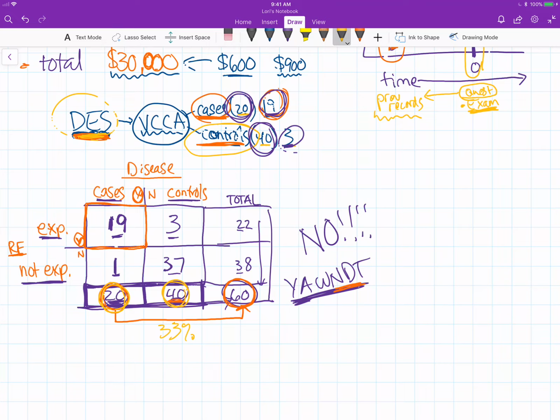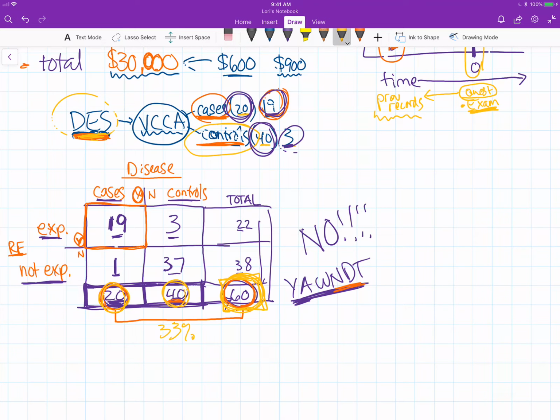One way that researchers say this is that we don't have true denominator data. In other words, my total, that thing that I divided 20 by 60, is not representative of the population. So I don't have denominator data. I manipulated my groups to be this size.